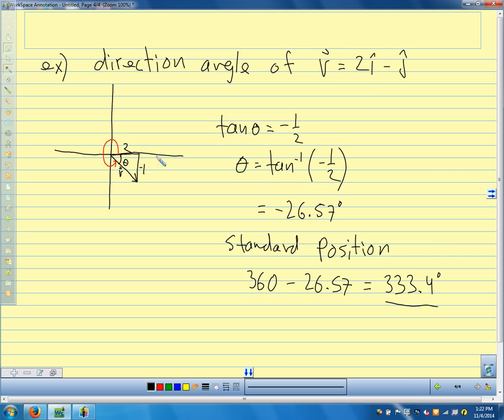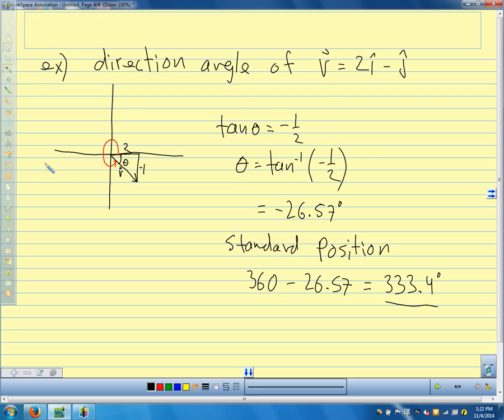All right, questions there? So the vast majority of the homework tonight is going to involve the stuff that we just talked about, finding our vector in terms of i and j, talking about the direction angles, writing with sines and cosines.